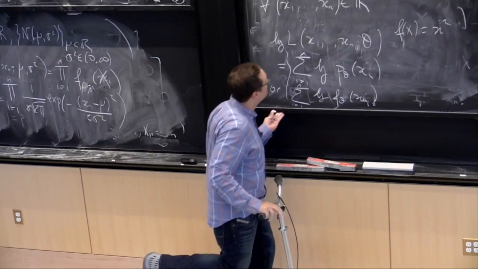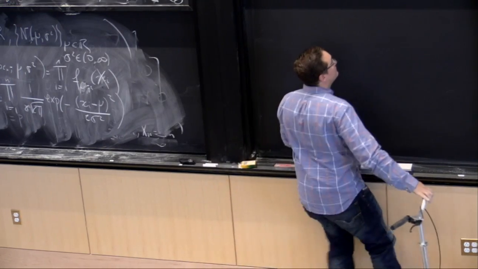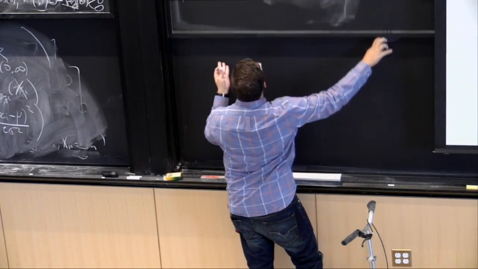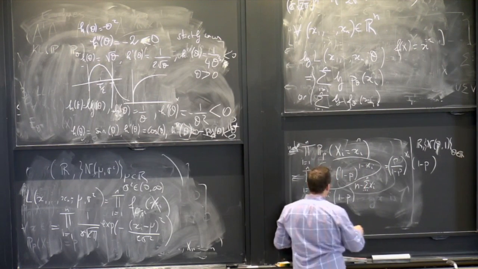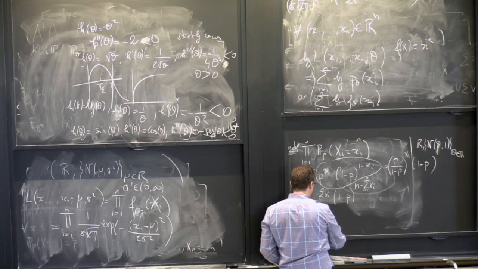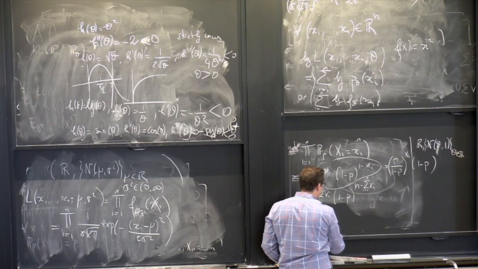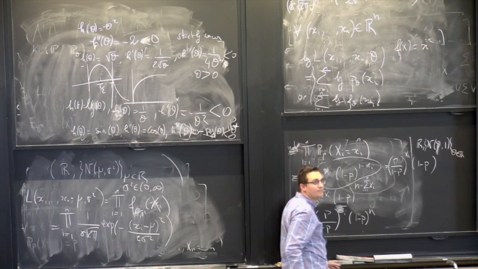I still have it over there. OK, so let me write it like that, right? So it's p over 1 minus p to the sum of the xi's times 1 minus p to the n. OK?